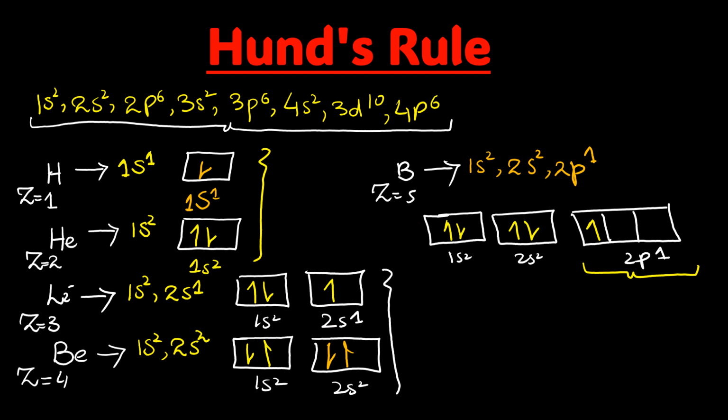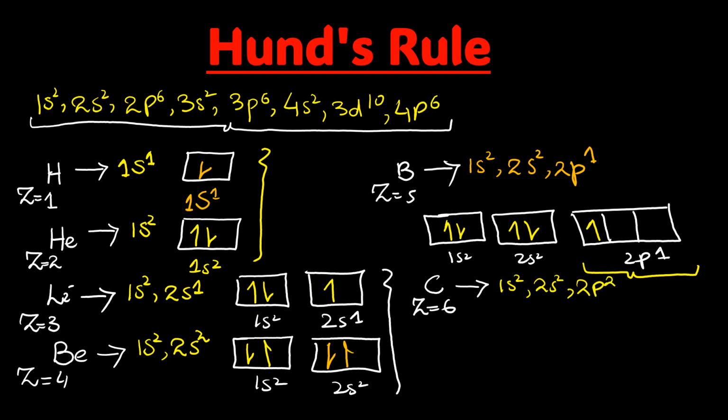Now coming toward the electronic configuration of carbon, having atomic number 6. Now here we can basically apply Hund's rule. The electronic configuration for carbon is 1s2, 2s2, 2p2.